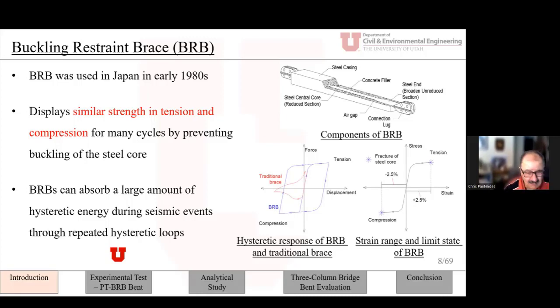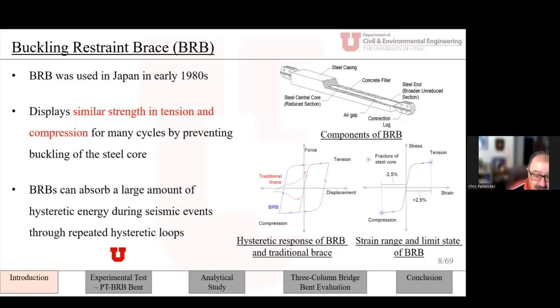Now, it's not exactly ideal, as you see here. Typically in compression, what happens to the BRB, it gains strength. And the brace can still absorb a large amount of hysteretic energy during an earthquake through mostly repeated hysteresis loops.